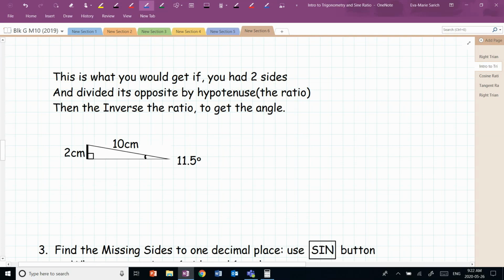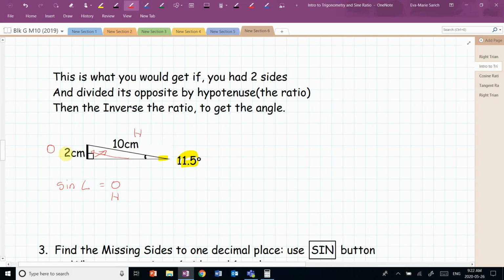So if we've got two sides, here's our angle here. If we go opposite of the 90 degrees, we get the hypotenuse. If we go the opposite of our angle, we get the opposite side. And now because sine is opposite over hypotenuse, the sine of an angle is the opposite over the hypotenuse.